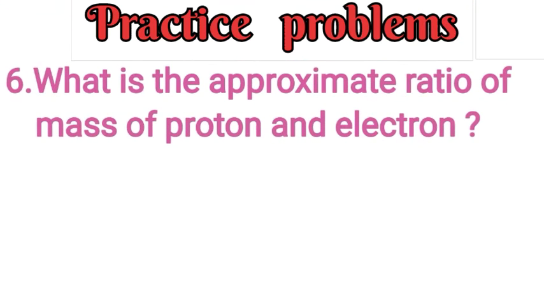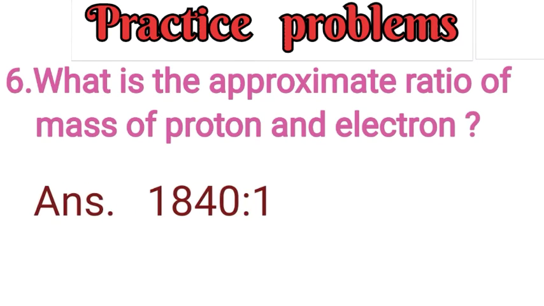So friends, we know that mass of proton is equal to the mass of hydrogen atom and mass of electron is 1 by 1840 times that of hydrogen atom, isn't it? So when we find the ratio for the mass of proton and electron, then it comes out to be 1840 is to 1. Okay.